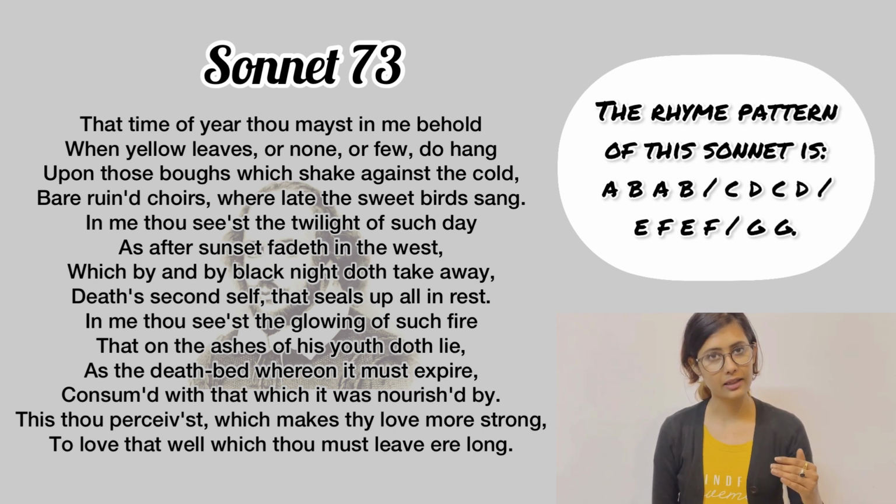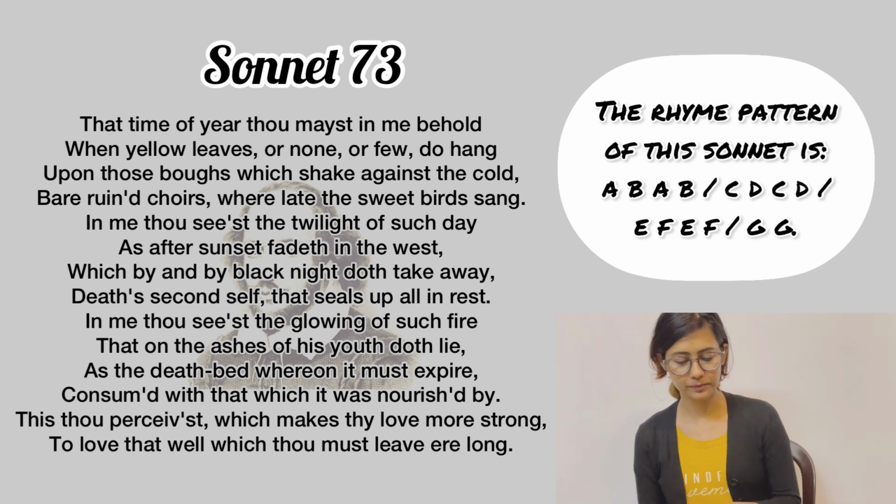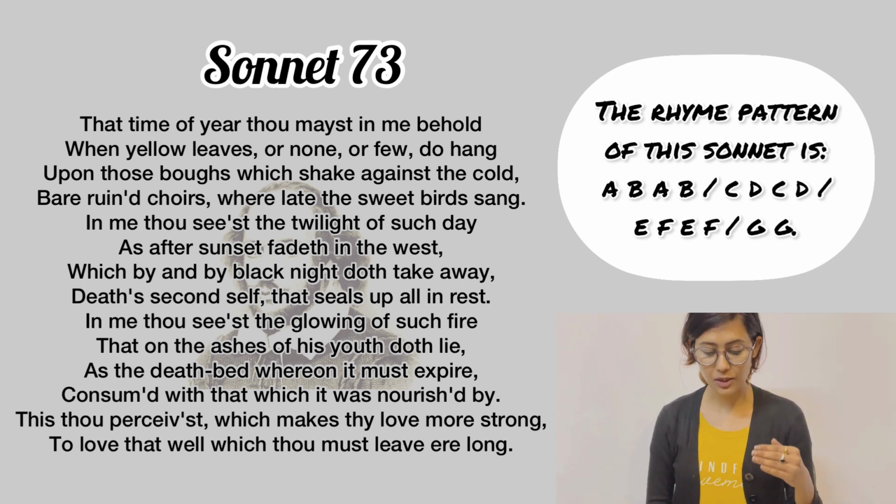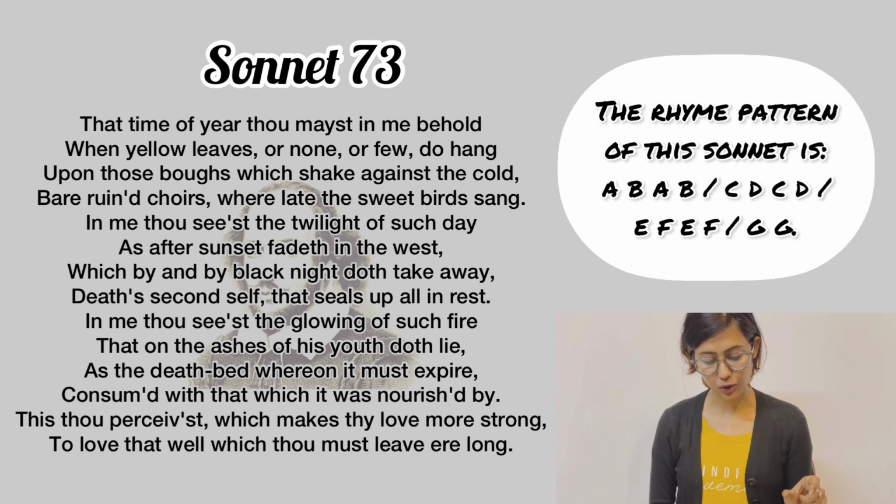So A and then comes the B. So basically it is alternatively rhyming, okay? So A B, C D, E F and then the couplet. The last words of the couplet are rhyming. The last words of the couplet are strong and long, okay? So GG. Understandable?